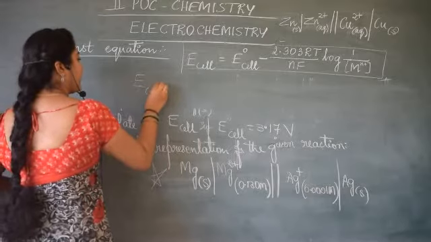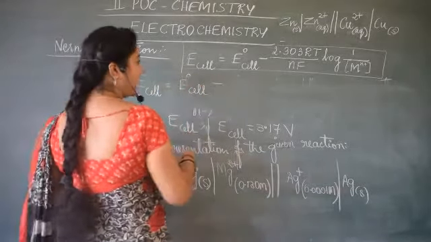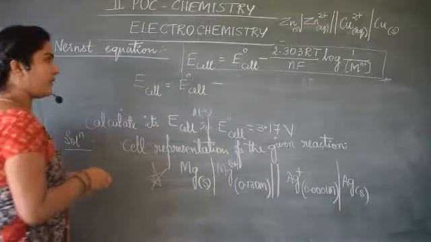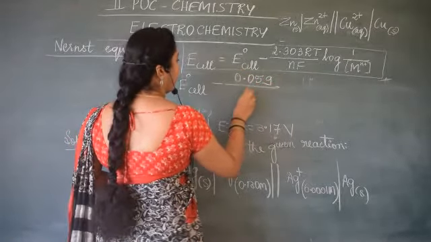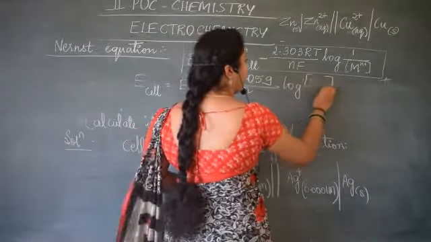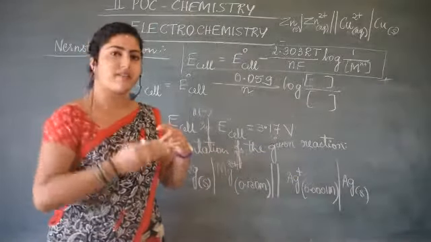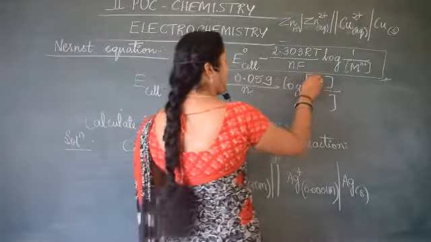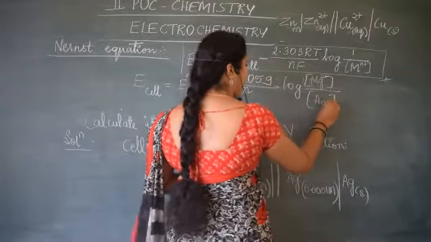Therefore E cell is equal to E naught of cell minus, rather than writing 2.303 RT by nF, we can write 0.059 by n log of. Now if it was a Daniell cell, which one would we have written? I have told you, oxidation first, reduction later. So which is undergoing oxidation here? Mg. So the Mg2+ concentration divided by the Ag+ concentration.